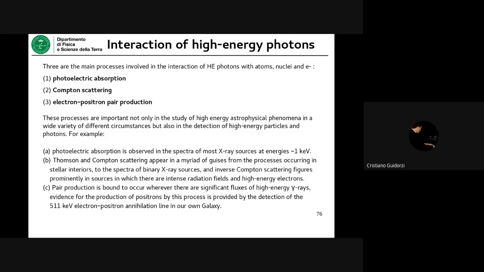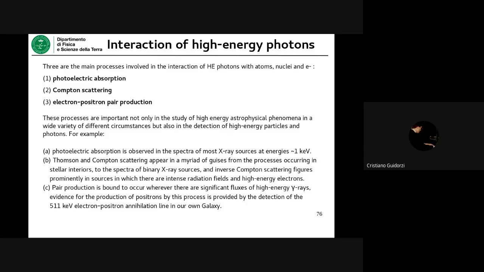In astrophysical contexts, this is a process that you can find within stars, and it is also relevant when you study X-ray binaries, so a compact object with a very hot accretion disk. So you have X-ray photons, and we'll see that very often one of the dominant processes contributing to the observed spectrum is related to Compton scattering.